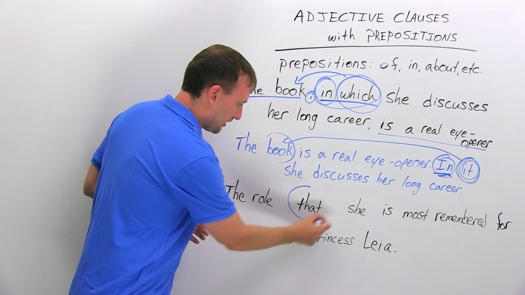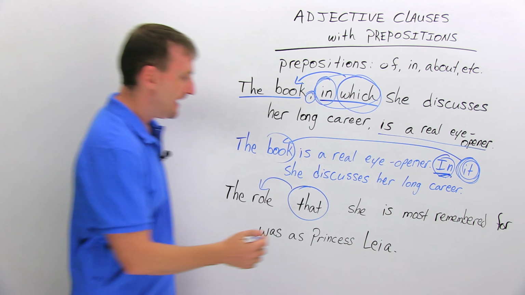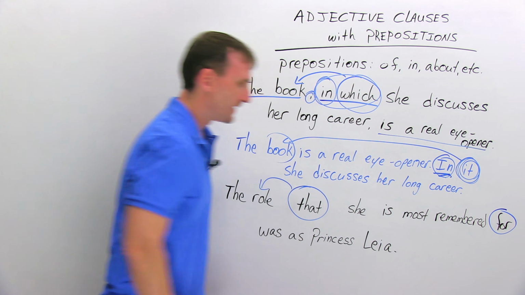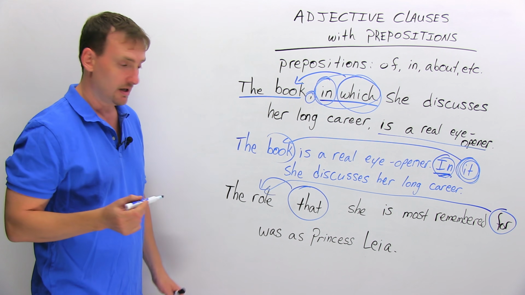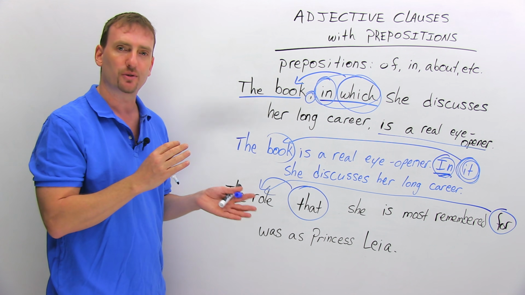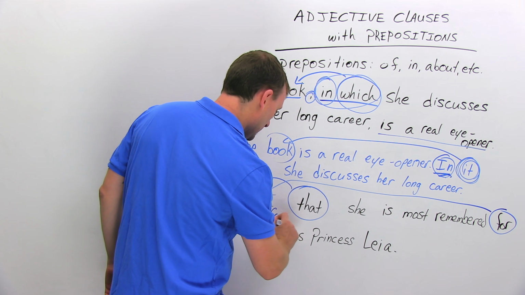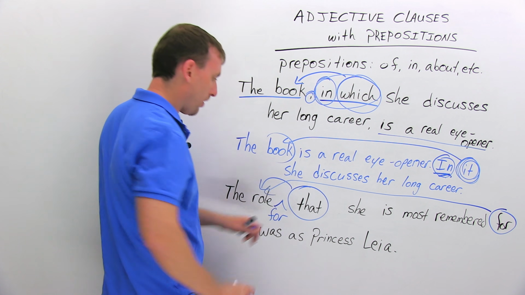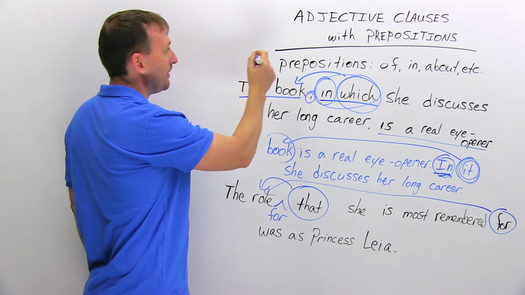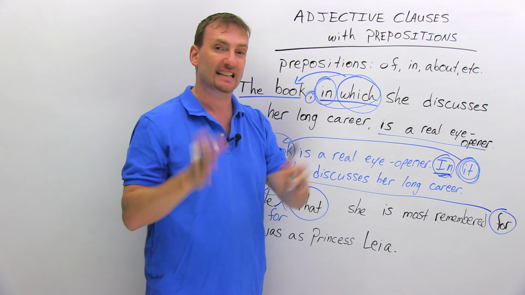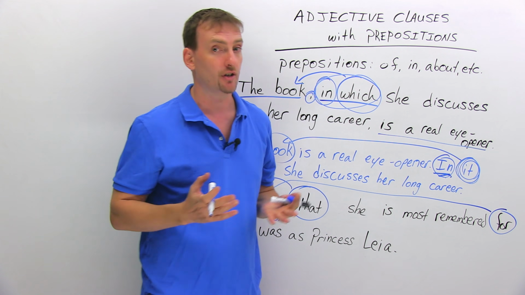Now, what can I recognize here? So here's my relative clause, the role. I'm identifying which role, right? Which specific role. She is remembered for. So she's remembered for, again, the role. So now, if I want to convert this into a prepositional relative clause, I move "for" here, the role for. Now, one thing you need to remember about adjective clauses with prepositions: because prepositions must be followed by an object, okay, after a preposition, you're going to have an object.